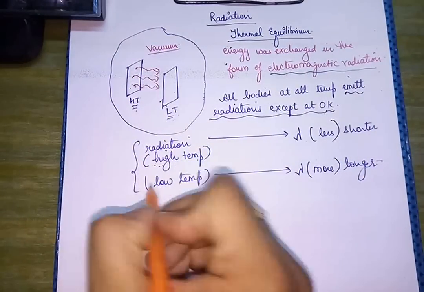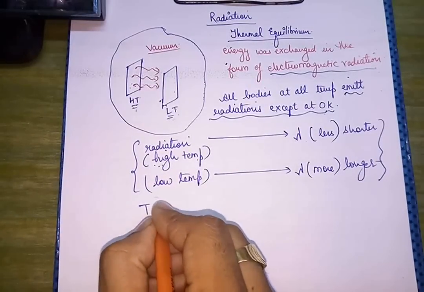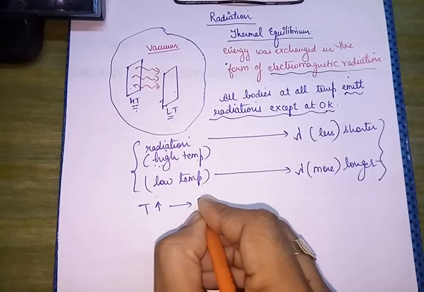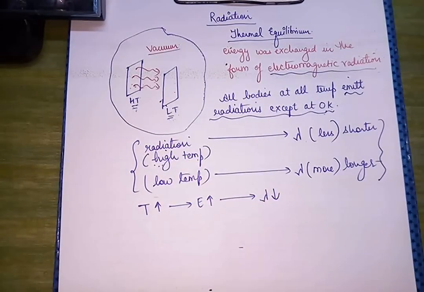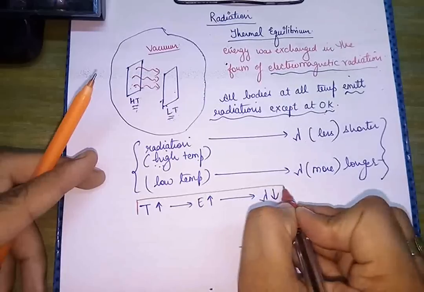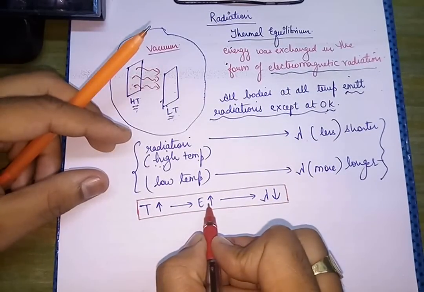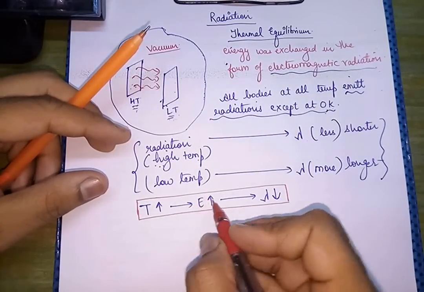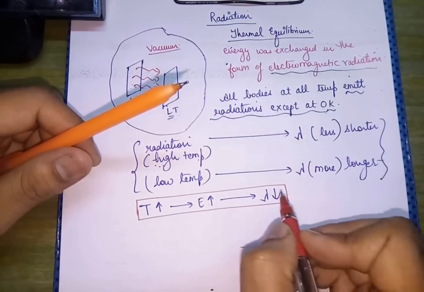So this inverse relation we have to remember. Or we can write, if the temperature is more, then energy will definitely be more, such that lambda will be less. So we can summarize it in one single box: if the temperature is higher, then the energy content will also be higher, and the wavelength emitted will be of shorter wavelength.